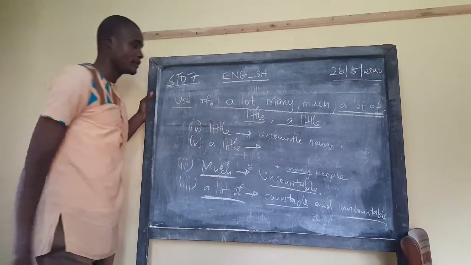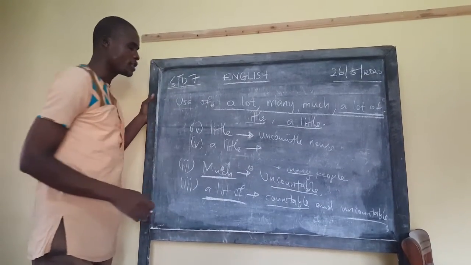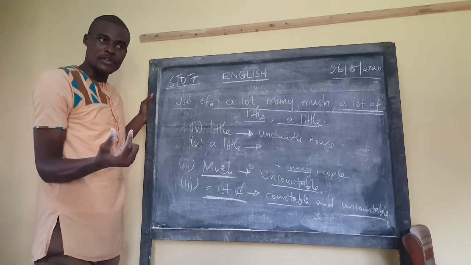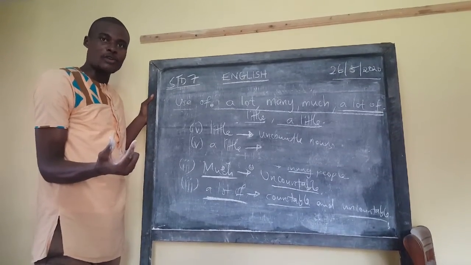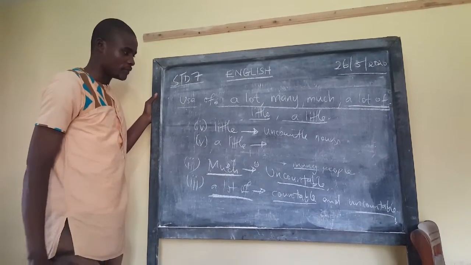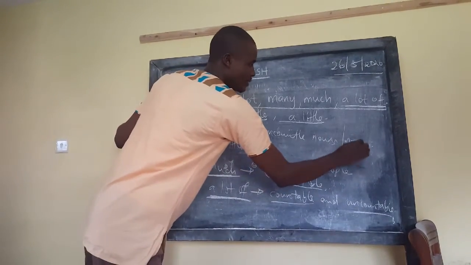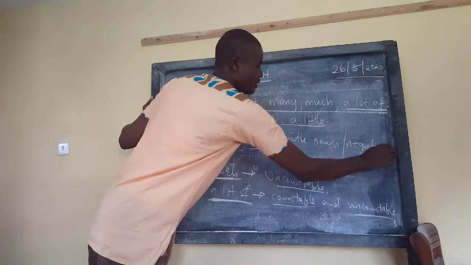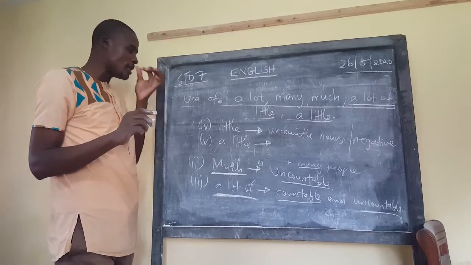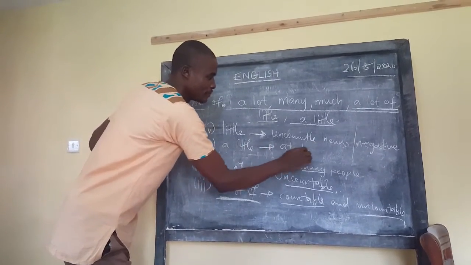In this formula, we can talk of "we have little water left," "we have little salt left," "we have little sand left, so we can't continue building the house." Those are uncountable. And again, it is a negative statement. Little makes that sentence negative, hence it is not used in many circumstances. A little means at least some.